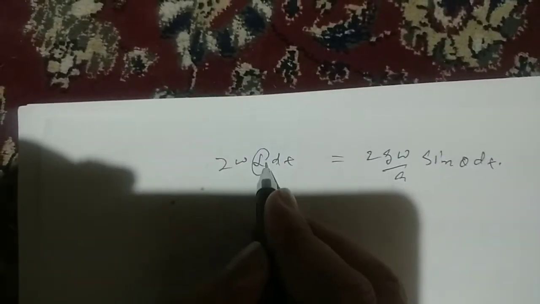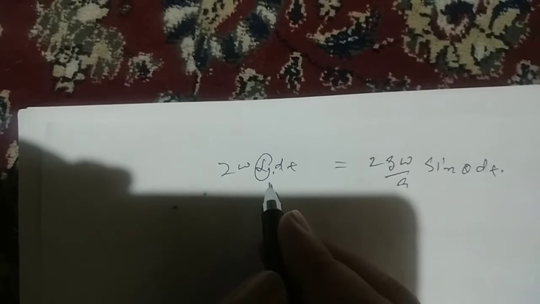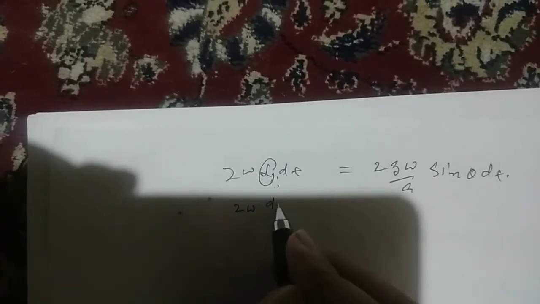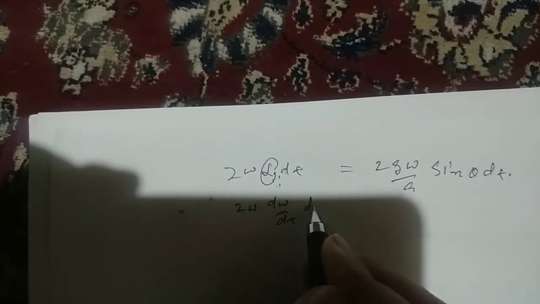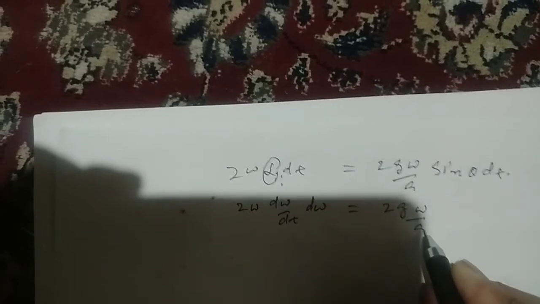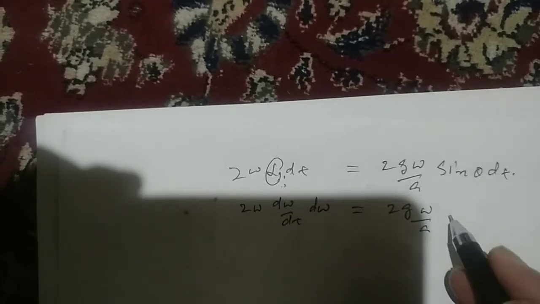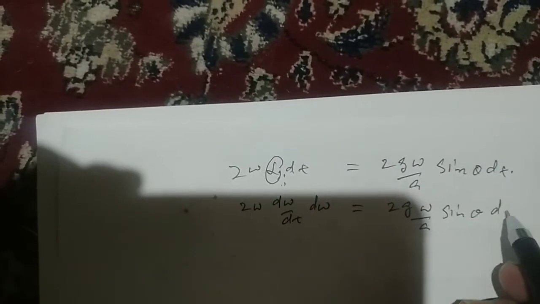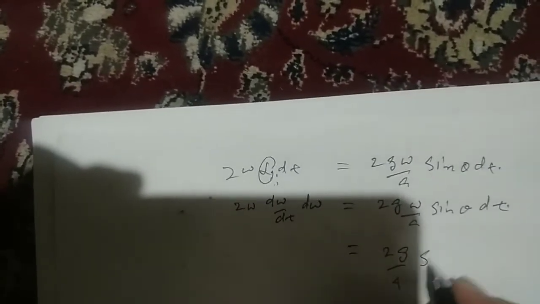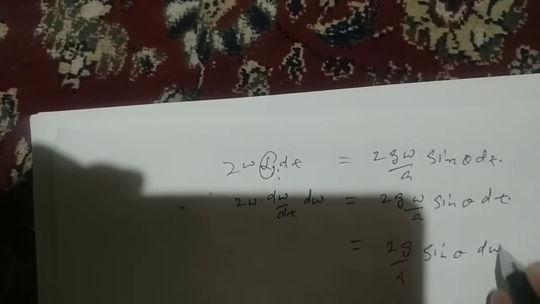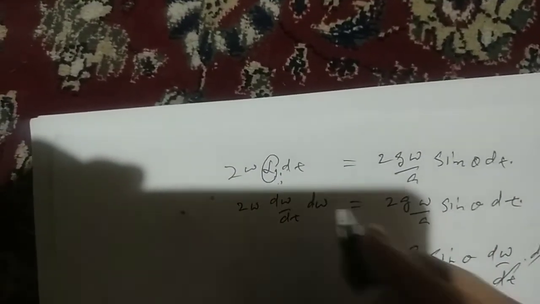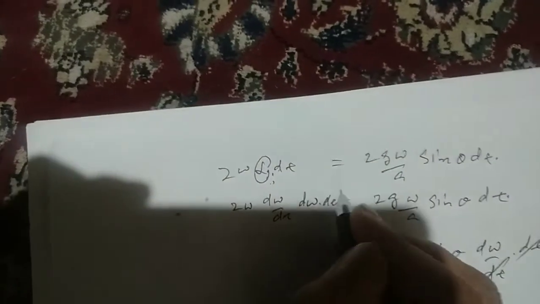And this alpha here is d omega by dt, or I can write it as 2g by a sine theta d omega by dt. So this will cancel with this, and the dt will cancel with this.